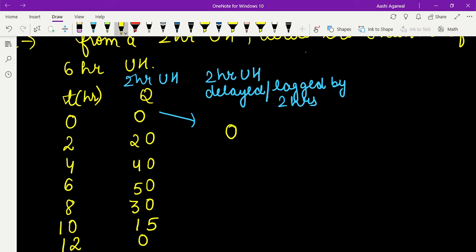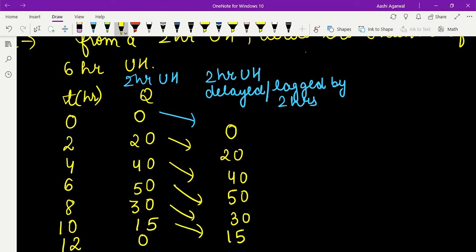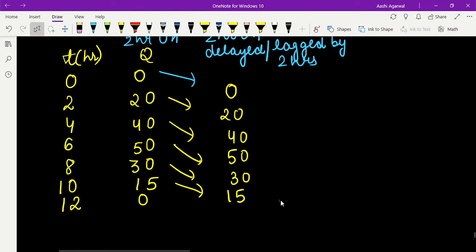That means in the first 2 hours I should not get any value because this unit hydrograph is same but starting after 2 hours. So I hope I have cleared it. I am just delaying, I am just shifting by 2. Okay, now this is one time shift.